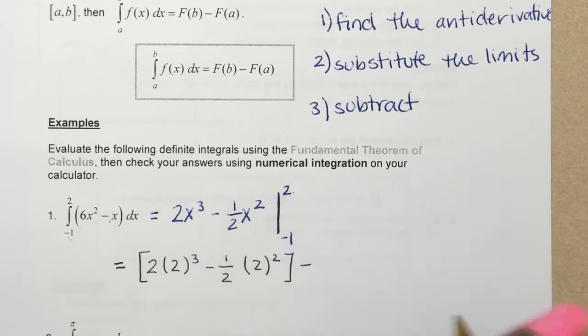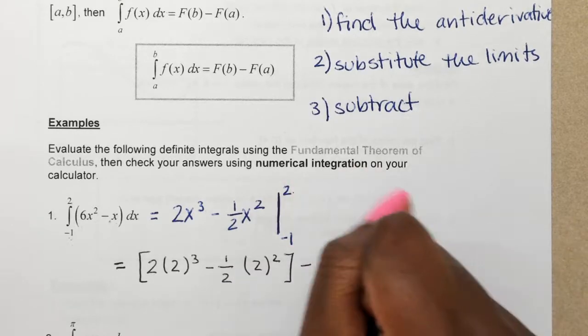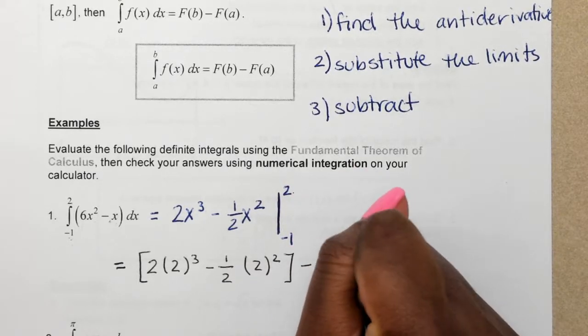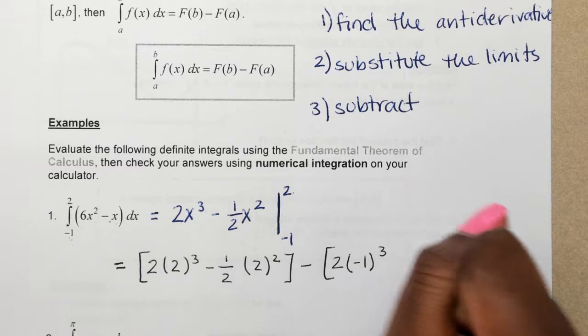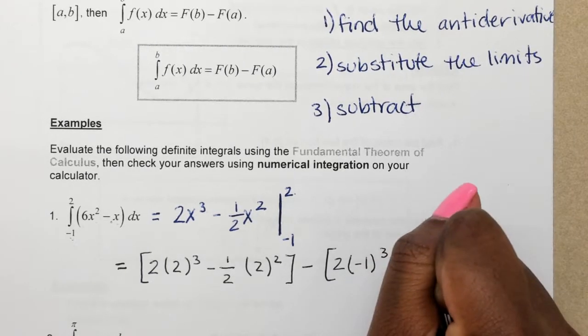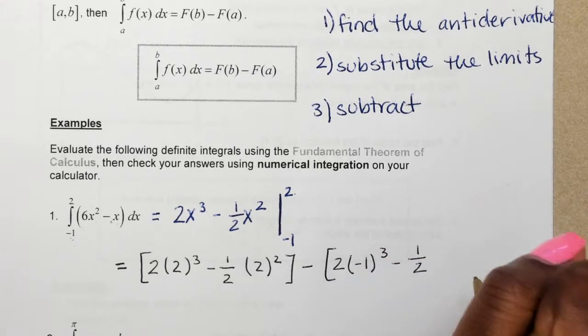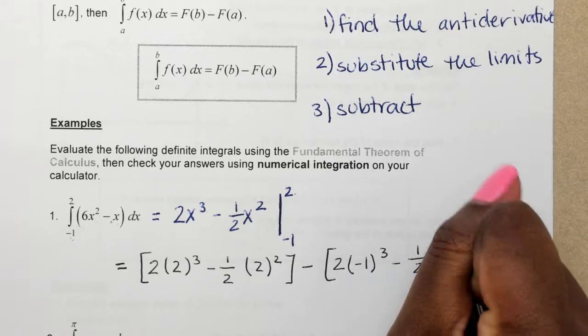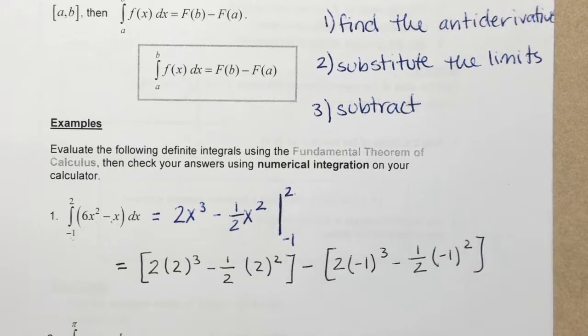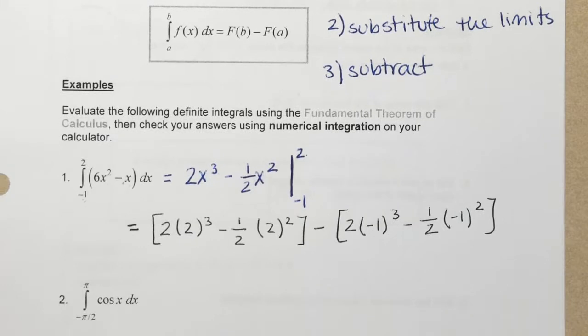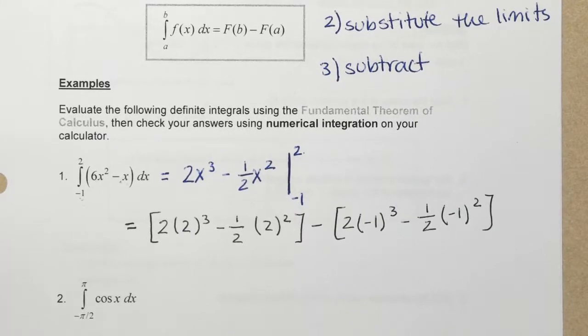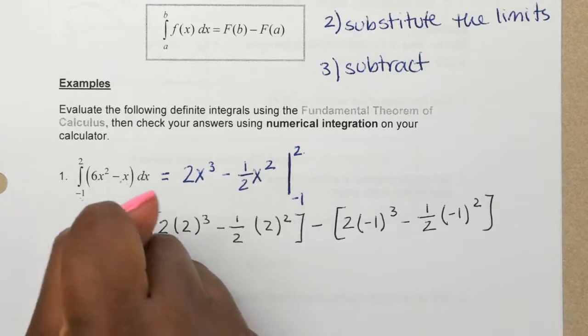And a is our lower limit, so we'll substitute -1. So we substituted our limits, and now we just evaluate and subtract.